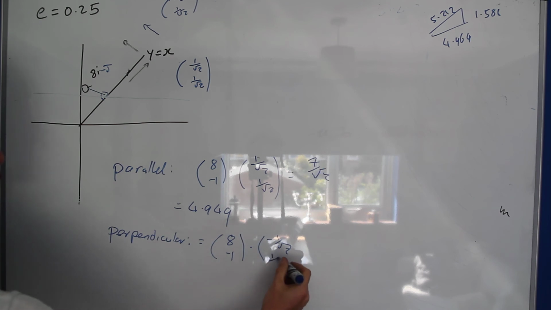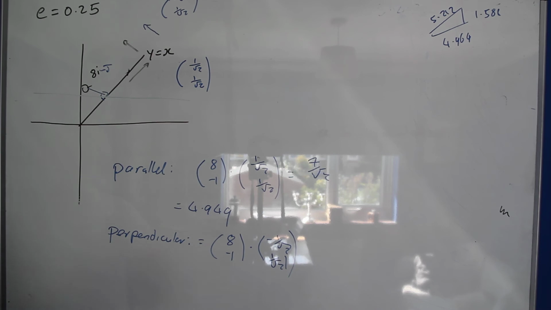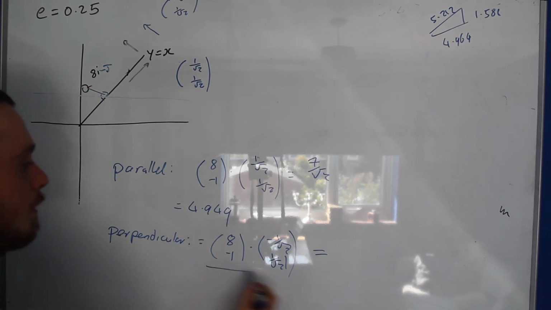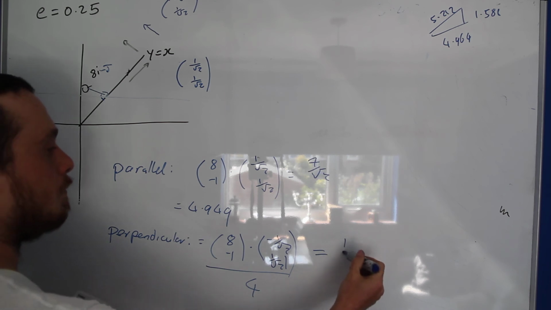Altogether, that's going to be minus 9 over root 2, which is 6.363. However, remember, the perpendicular part is the bit that's affected by this, so I now need to divide that by 4, which is 1.59.